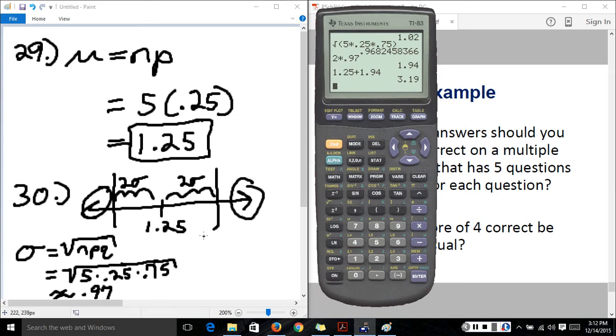All right, so my upper bound is at 3.19. For my lower bound, I take 1.25 and subtract 1.94. And I get a negative 0.69. So negative 0.69.